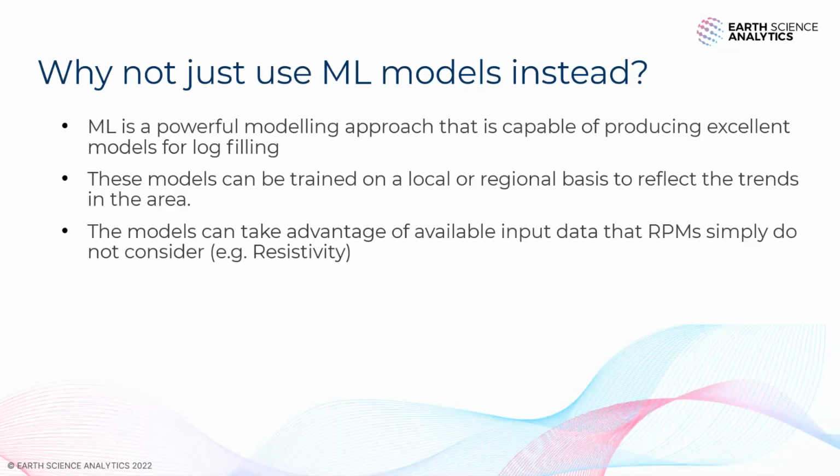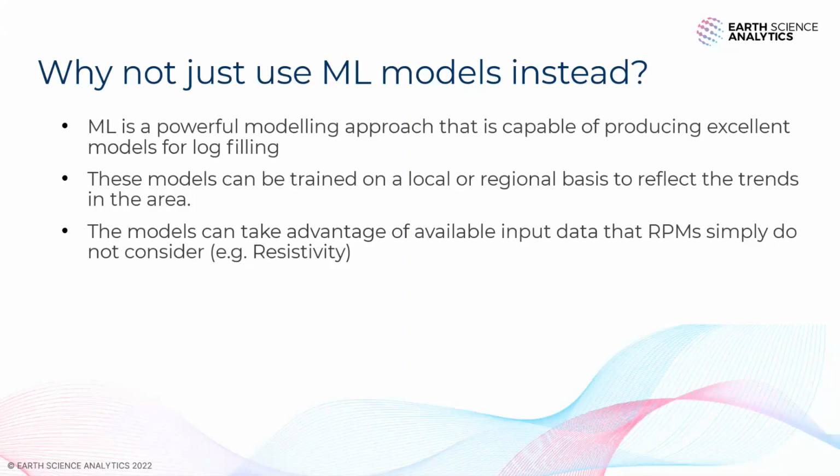And also the models can take advantage of input data that rock physics models don't take advantage of. So there's very few rock physics models out there that would see any use in a resistivity log. Most of them want porosity and V-shale and that kind of thing, but they don't tend to want resistivity or other logs like that, maybe SP.